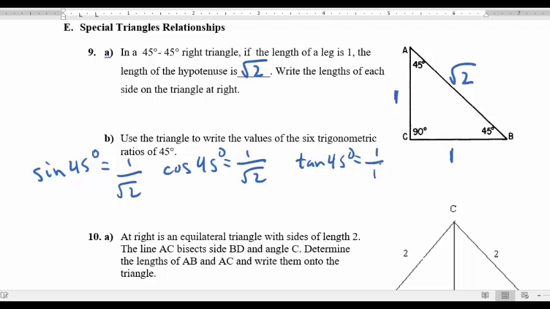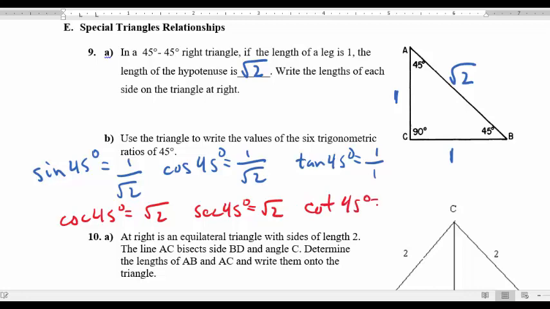So it's 1 over 1, which is just 1. And then the other three are the reciprocals, right? So the cosecant of 45 is radical 2 over 1, which is just radical 2. The secant of 45 is the same. It's radical 2 over 1, which is radical 2. And the cotangent of 45 degrees is 1 over 1 again, which is just 1.